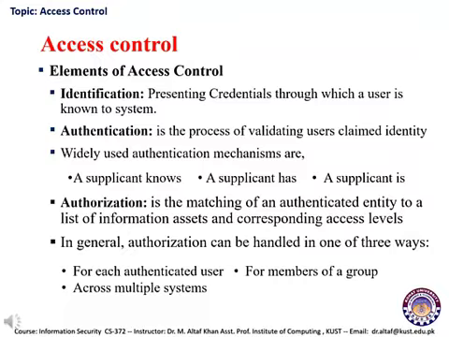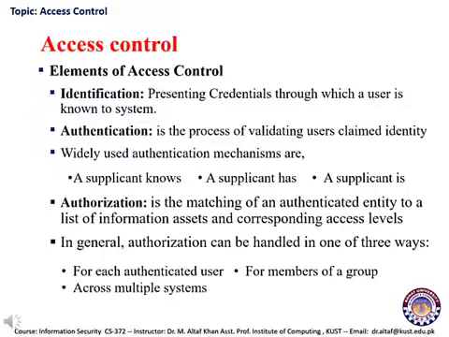The next element of access control is authentication. Authentication is the process of validating users' claimed identity. Actually, authentication is the process in which the provided data during identification will be validated.